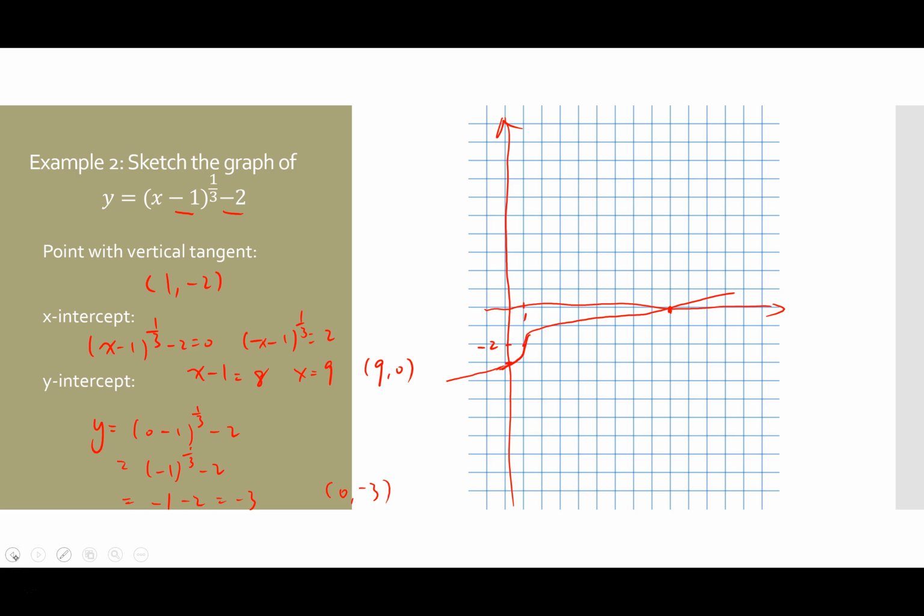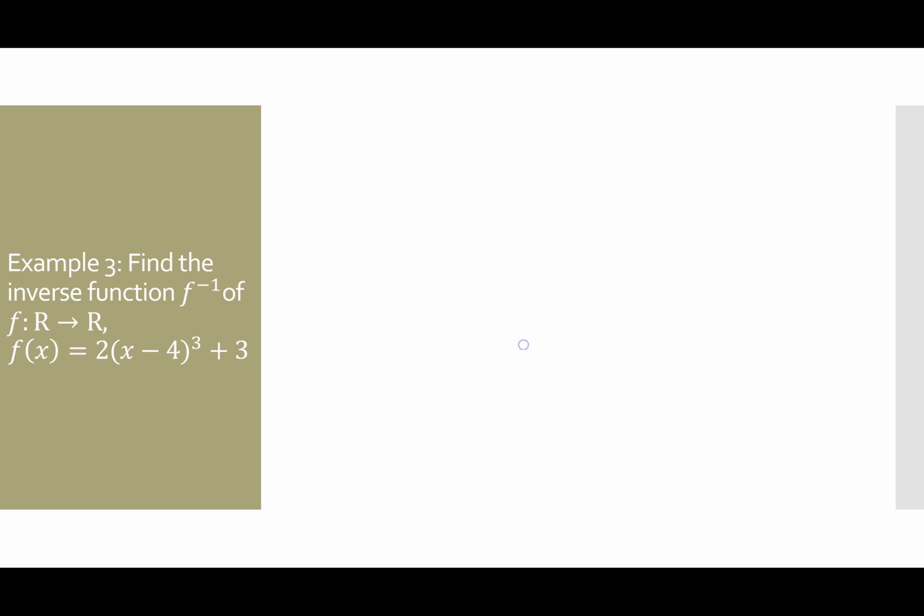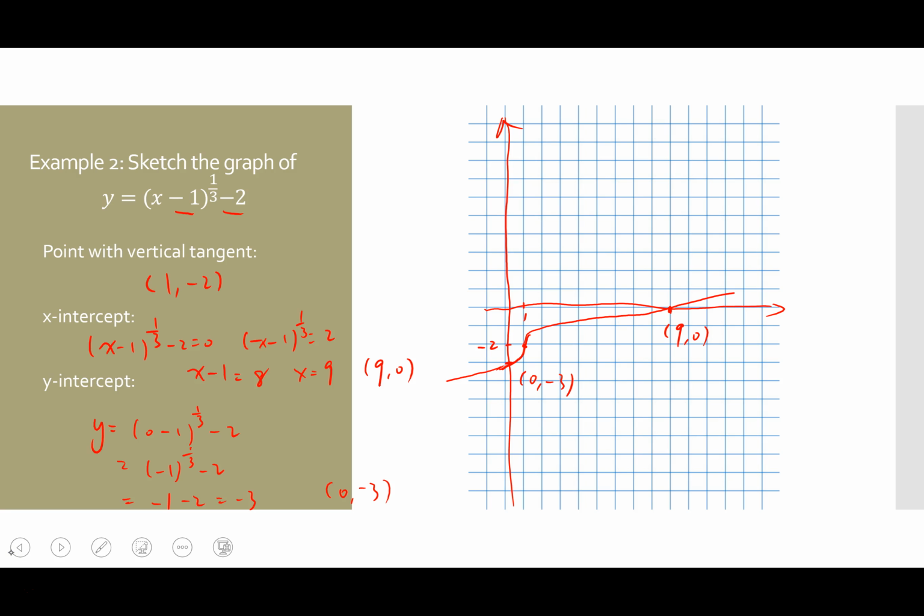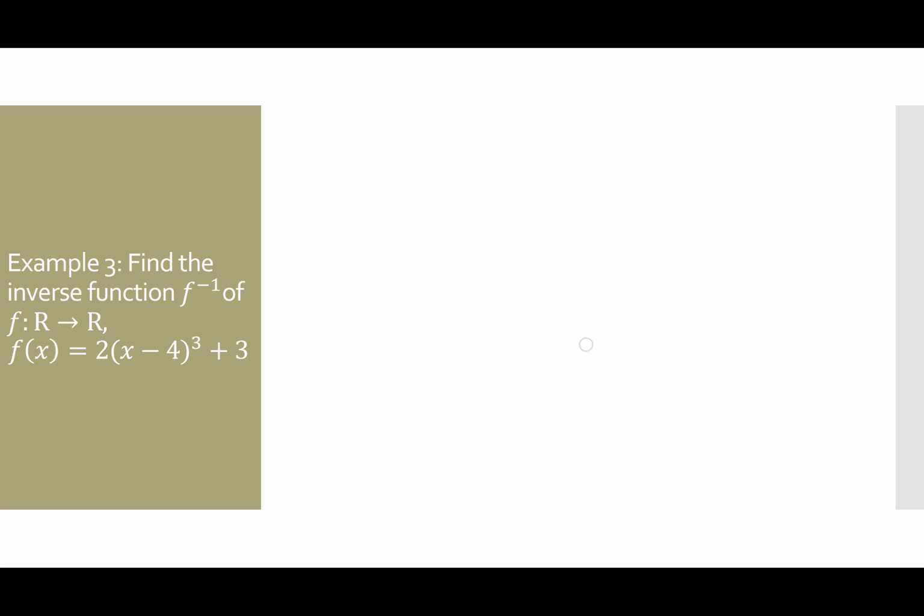So that's going to be the graph of this function. I will label the points as well. So here is going to be (9, 0), sorry, (0, 9), and here's going to be (0, -3). And for this point, the coordinates are going to be (1, -2). And we are done.